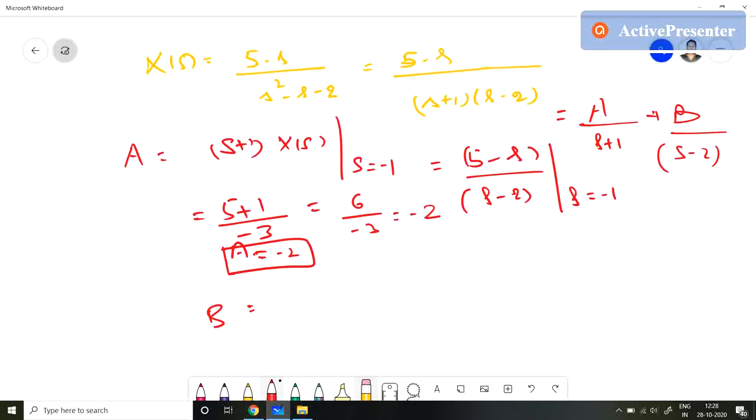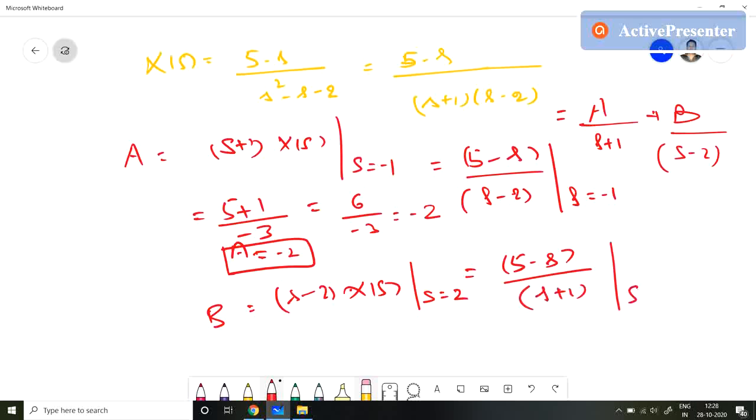Now B is (s minus 2) multiplied by X(s) at s equal to 2, that is 5 minus s divided by s plus 1 at s equal to 2, which is 5 minus 2, so it is 3, and 2 plus 1 is also 3, so 3 divided by 3 is equal to 1.